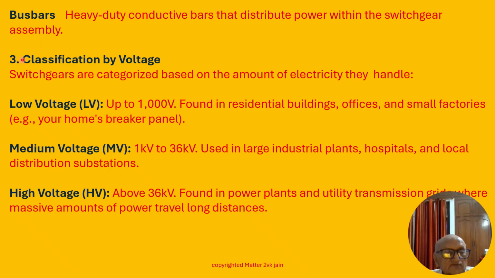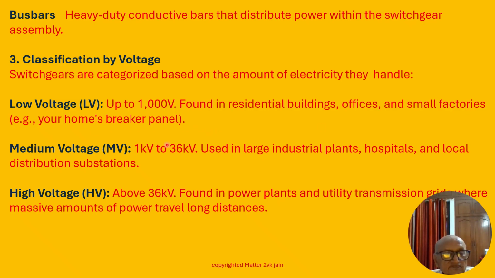The classification of voltage. Switchgears are categorized based on amount of electricity they handle, also based on voltages. Low voltage up to 1000 volt found in residential building, offices and small factories. That is your home's breaker panel.